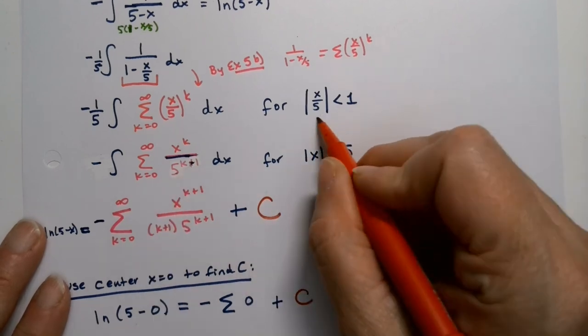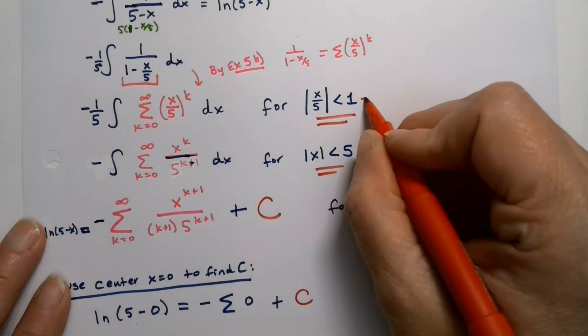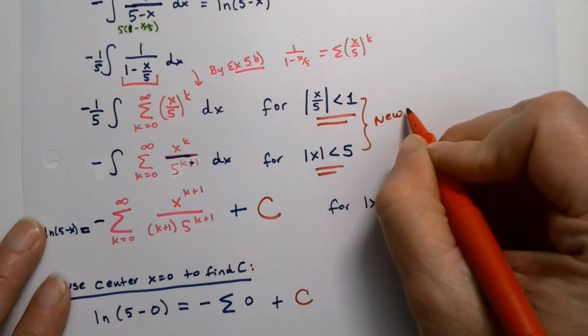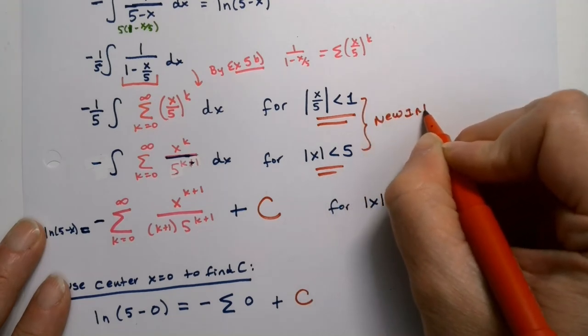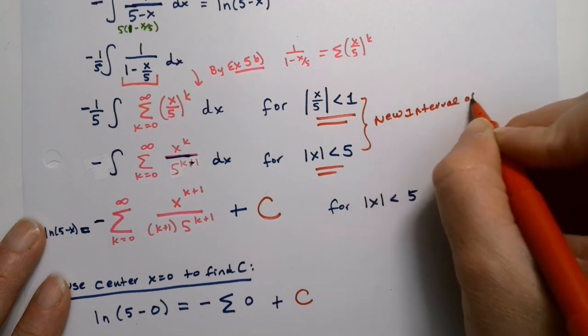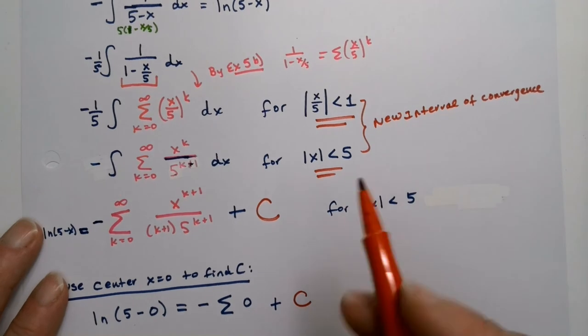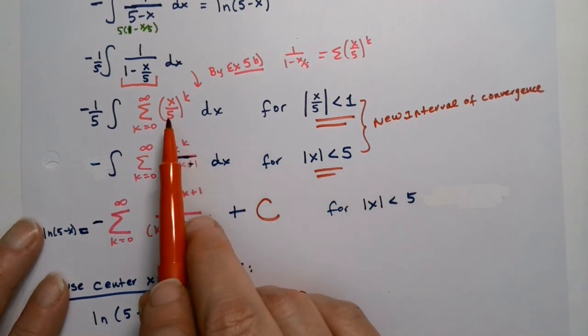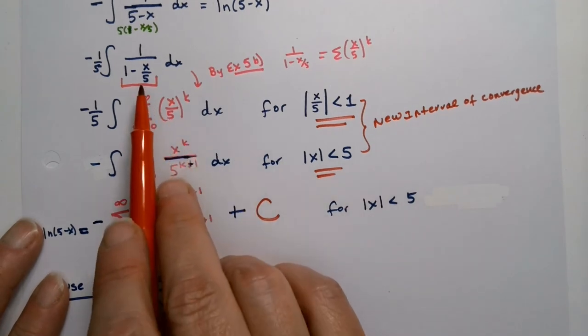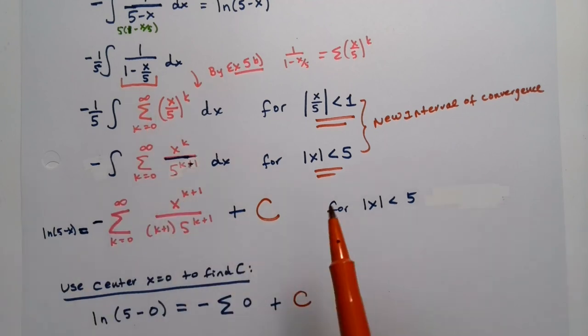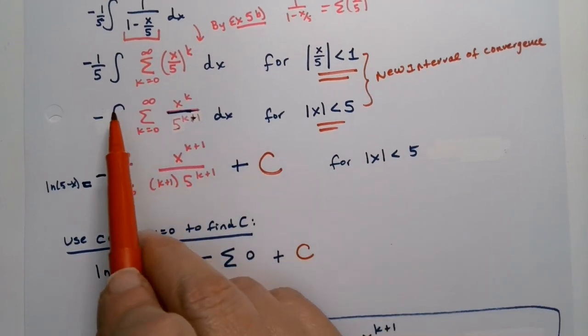So this is new because I've nested that summation of x over 5 inside. So that's taken precedence, right? So then I integrated, right?